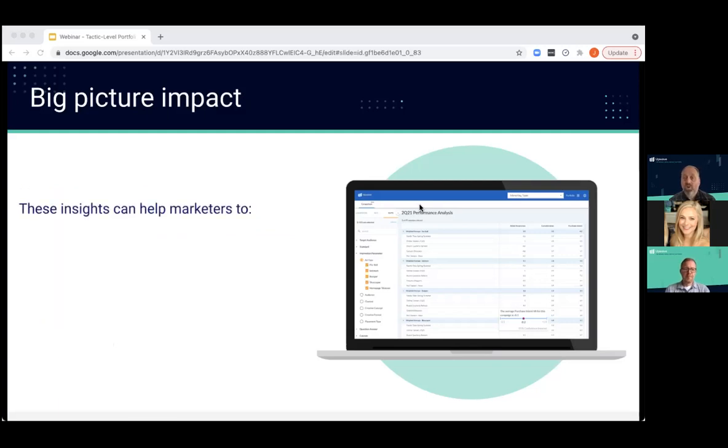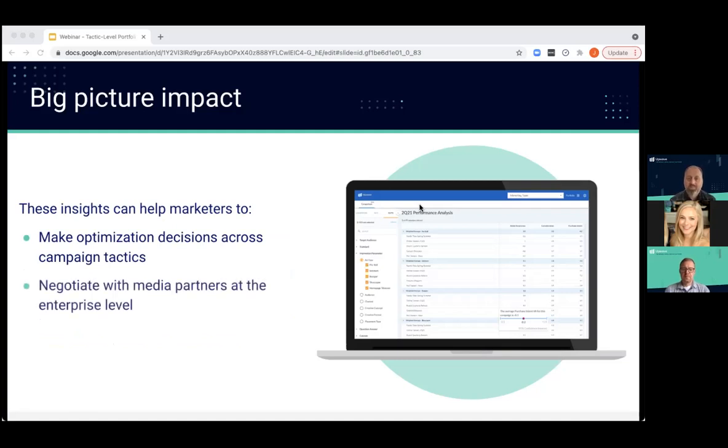These insights can help marketers to make optimization decisions across their campaign tactics. They can empower them to negotiate with more information with their media partners at the enterprise level. And additionally, they can help to guide strategy around the use of data, first-party versus third-party performance across categories, all with self-serve access, as you are used to on the Upwave platform.